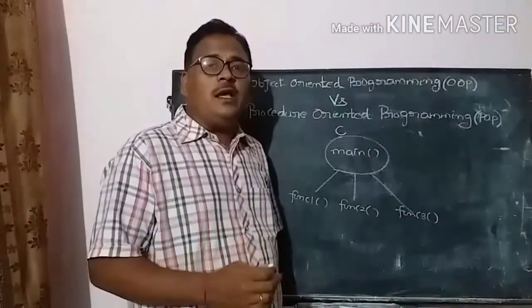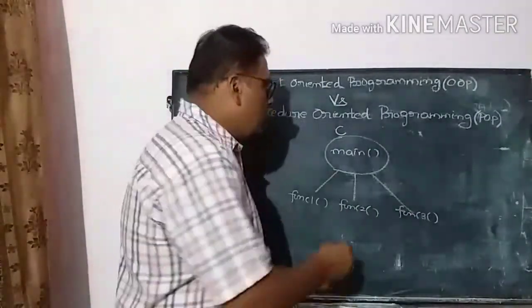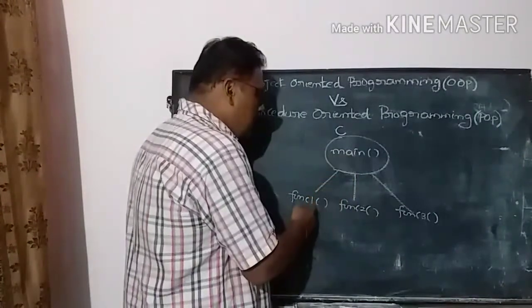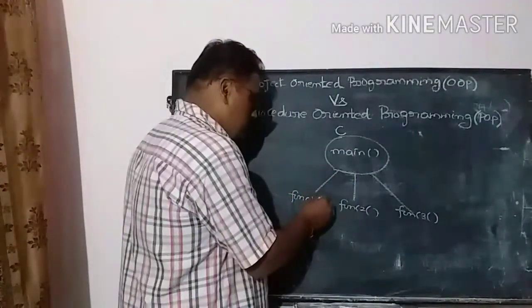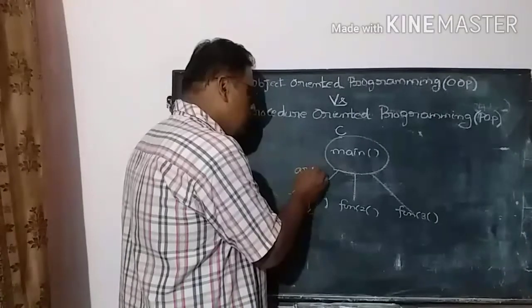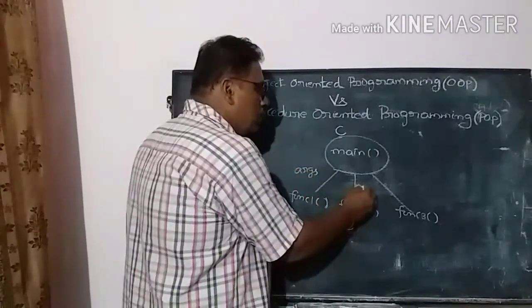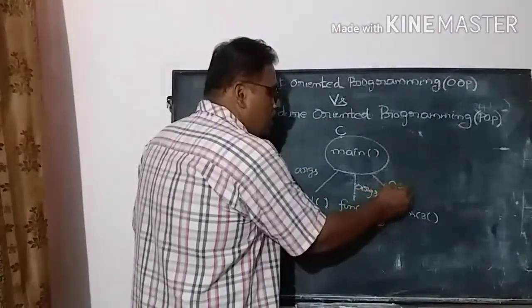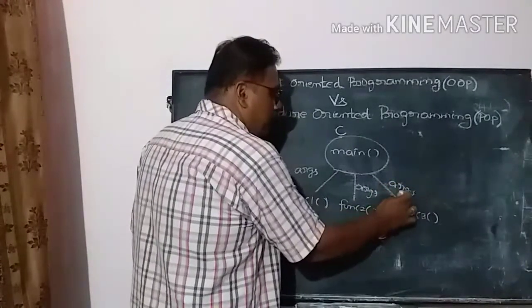According to the fourth category of functions, the main function can send arguments to function 1 and also function 2, function 3.